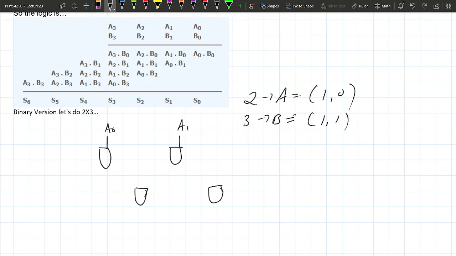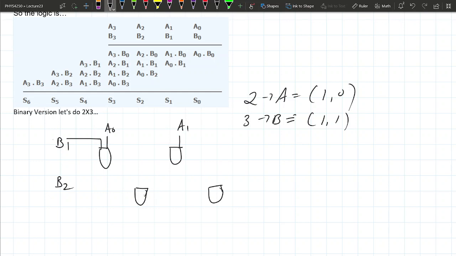What we're going to do is put the B, which is the second thing we're multiplying by, along the vertical instead. So let's see how this connection is going to be. I'm going to put B1 here, and then B2 here. This is mostly just so we can see it. When you start programming these into an FPGA, it doesn't actually matter where you put A's and B's. It's just for us to visualize it easily.